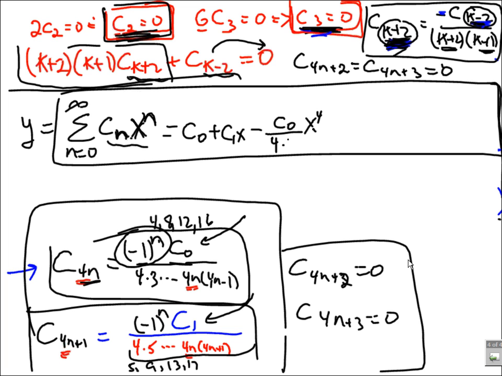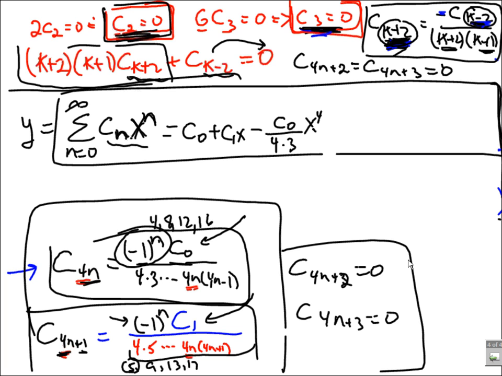And now x to the 5th is going to be negative, because we're down here for 5, and n is 1, because 4 times 1 is 4, plus 1 more.